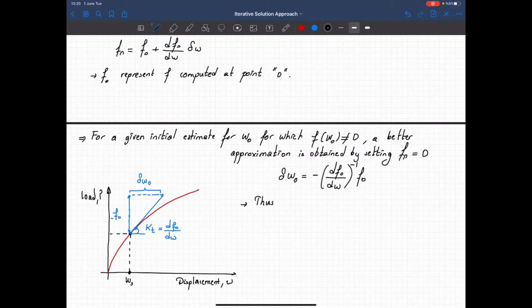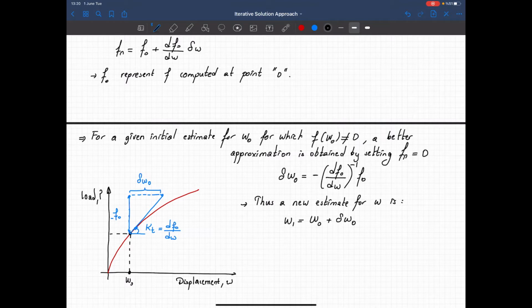a new and better estimate for w is, we have w1, that's equal to w0 plus we move by an additional del w amount.